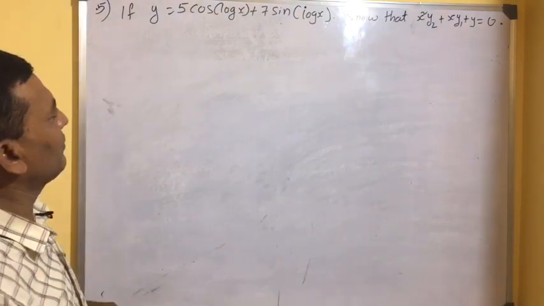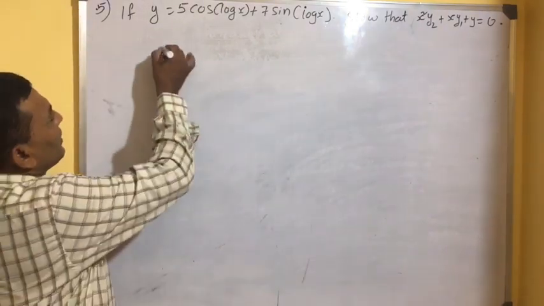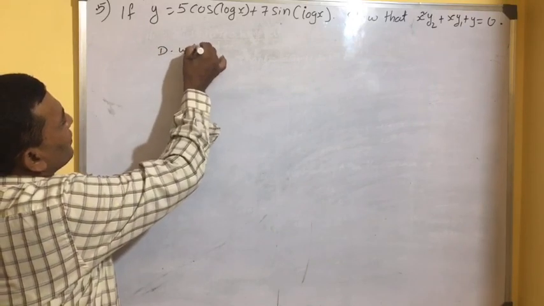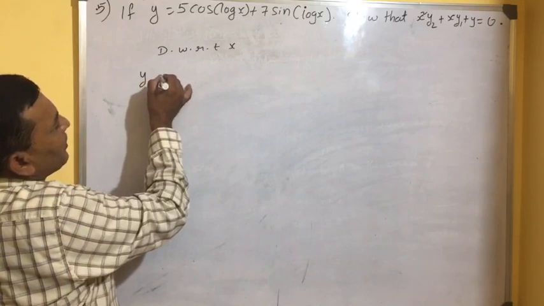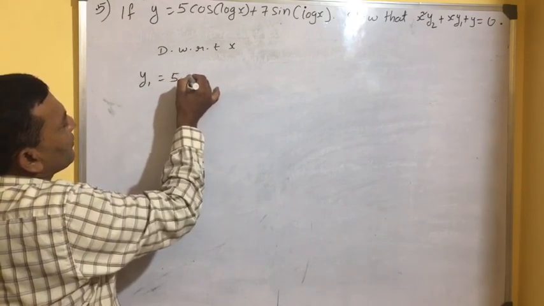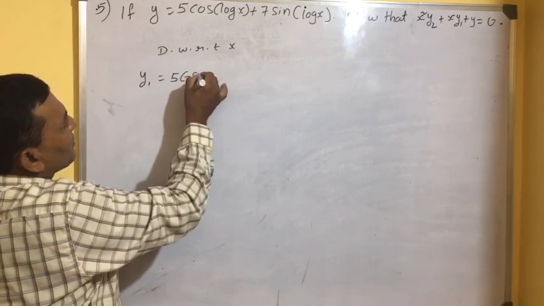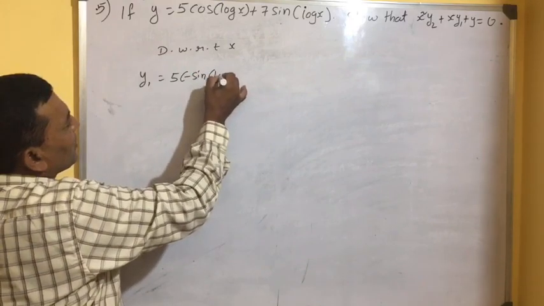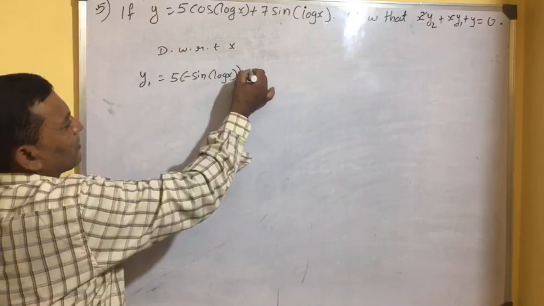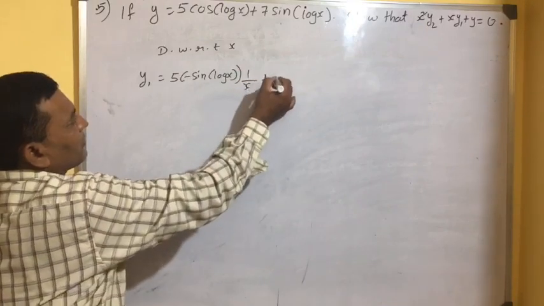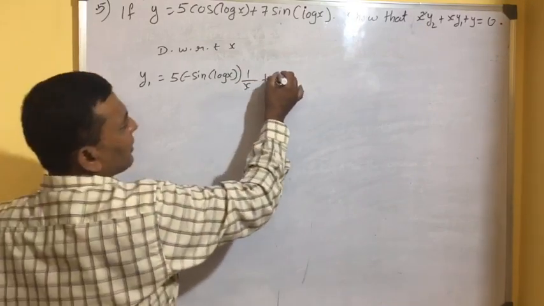Y is given here, so we can differentiate this y with respect to x. So y1, the first order derivative, is 5 times cos, whose differentiation is minus sine, as it is chain rule, of log x. Then differentiate log x, which is 1 by x, plus 7 constant kept as it is.